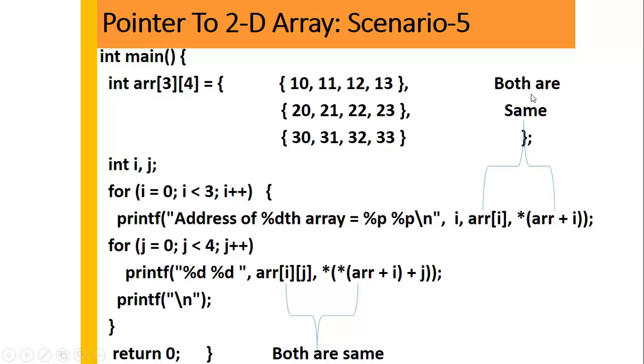These two are going to give us the same output, that is the address of the first element of each row. If the value of I is 0, then it is the address of this 10, where this 10 is stored, and if the value of I is 1, then both things are going to give me the address of the memory location where 20 is stored, and so on.